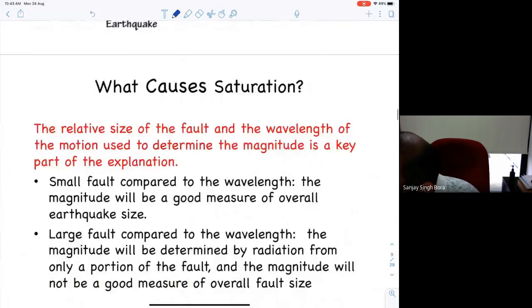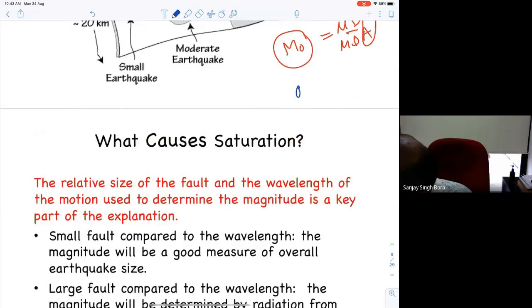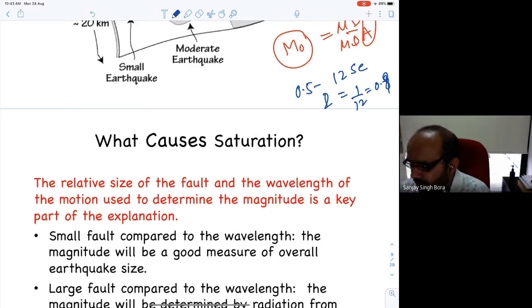As I said, for MB we are considering the period of the signal to be 0.5 to 12 seconds. So it is around 2 hertz, somewhere between 1 to 2 hertz or 1 to 3 hertz.